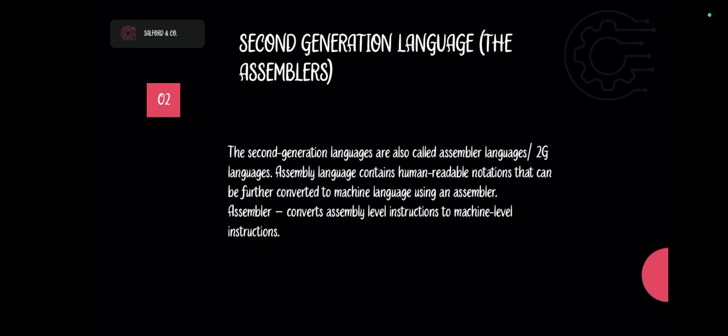The advantage of this second generation is that it is easier to understand compared to the first generation language, and correction and location of errors are easy. The disadvantage is that an assembler is required, and this language is architecture or machine dependent, with a different instruction set for different machines.